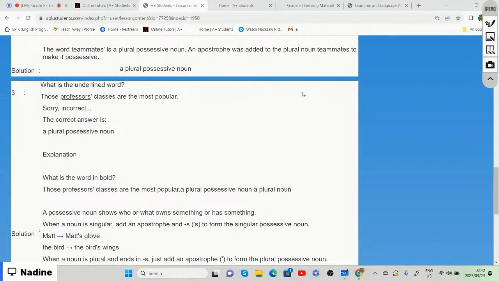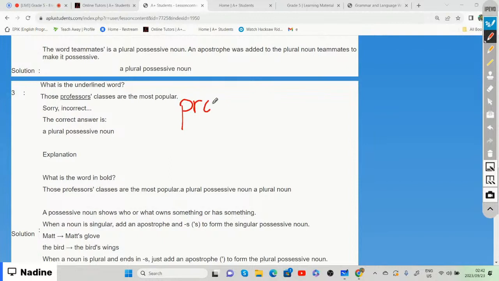Because remember, we also said that for example, professor, professors is basically just indicating that this is plural. But now we put the apostrophe at the end, right?